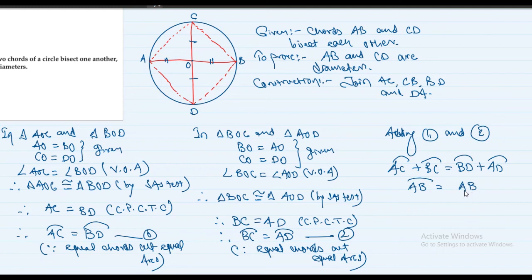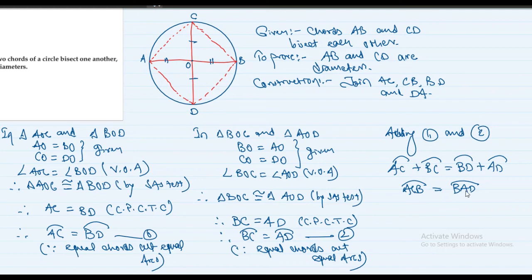Wait. Oh, yes, I cannot write AB. I'll show you. See, arc AC plus arc BC is arc ACB. Arc ACB is equal to arc BD plus arc AD, which is arc BAD.